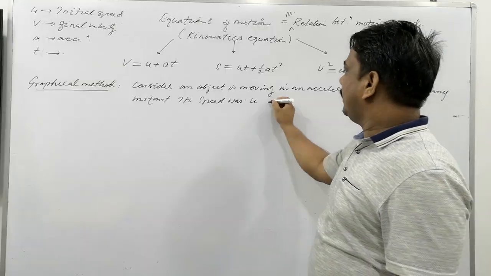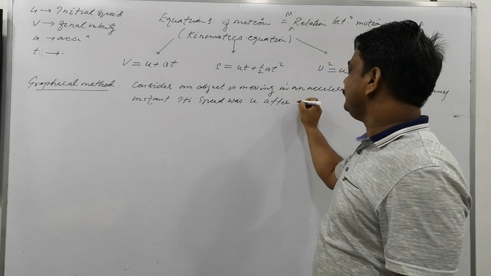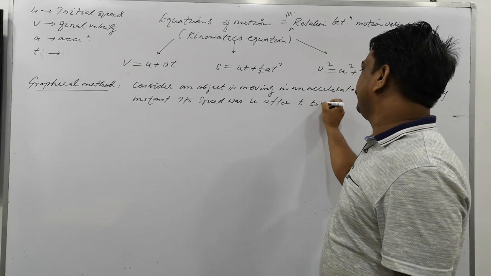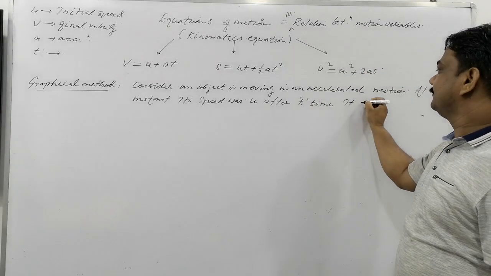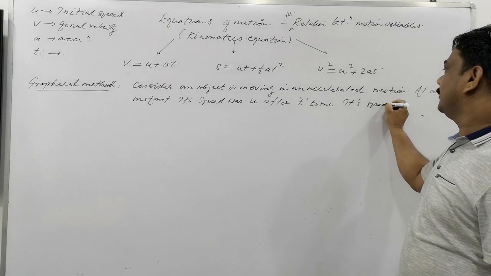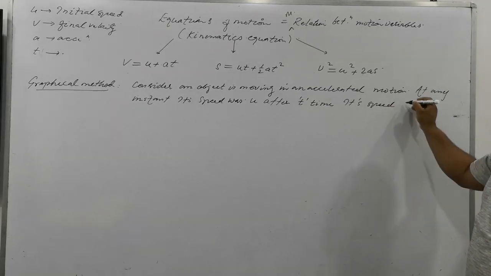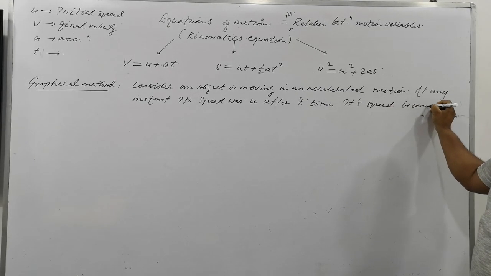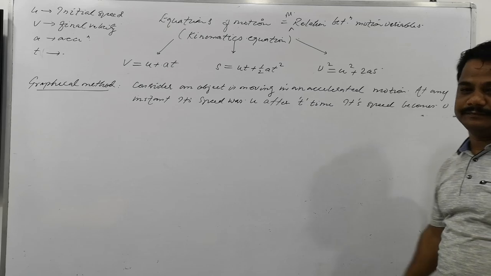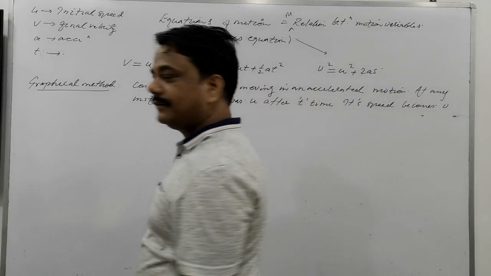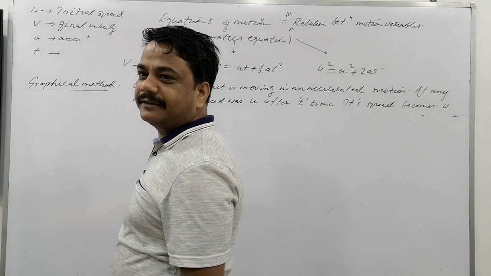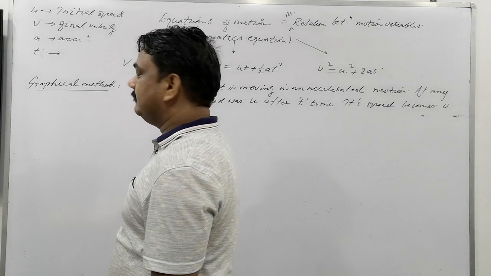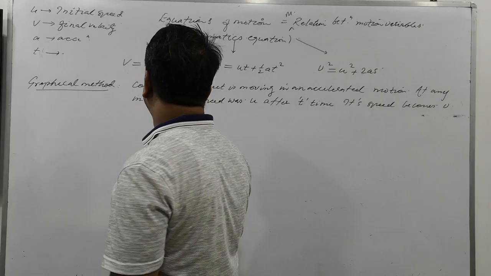After t time interval, its speed becomes v. Is that clear? Its speed becomes v, the final velocity. This is called final velocity.